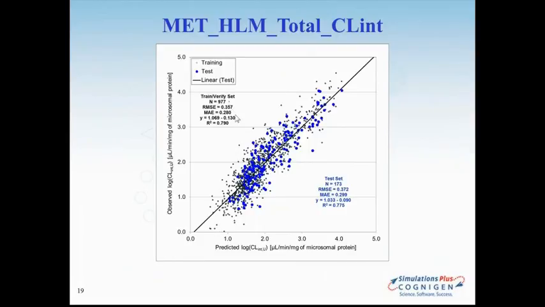So there were 977 compounds in the training set and 173 in the test set, and these are represented by these blue dots here. We get a root mean square error of 0.357 in the training set and 0.372 for the test set. So overall, the root mean square error was about 0.36, and that is a log value there.